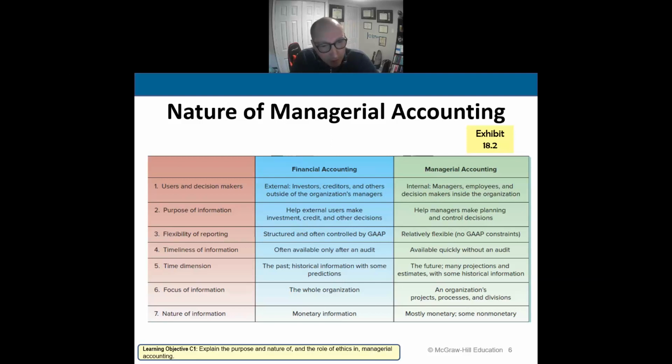The reporting, the financial statements, were controlled by generally accepted accounting principles and were filed with the respective government agencies. If it was a publicly traded company, it was filed with the Securities Exchange Commission. They're publicly audited, and everything was time-based.